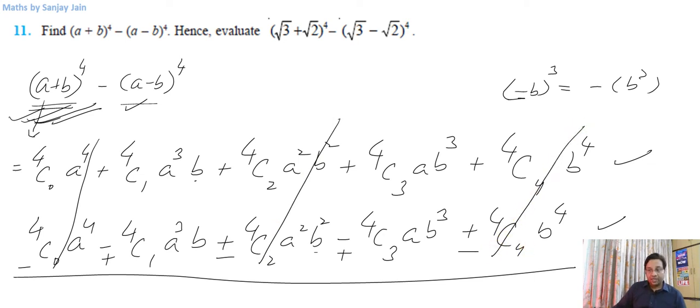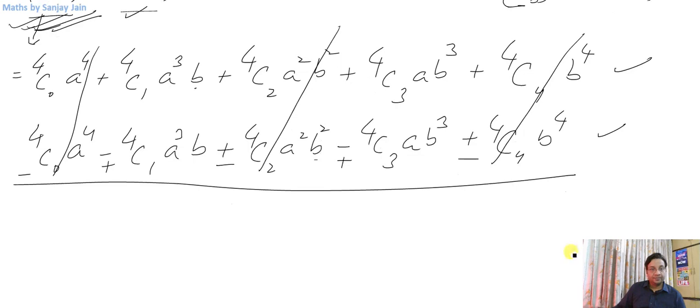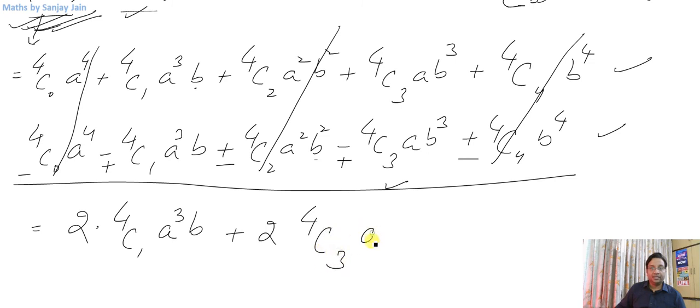What I'll have here is twice of 4c1 a cubed b and twice of 4c3 a b cubed. These are the two terms that I'll have.